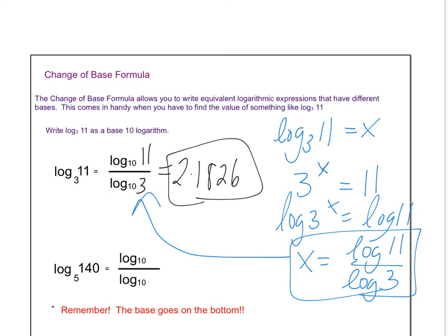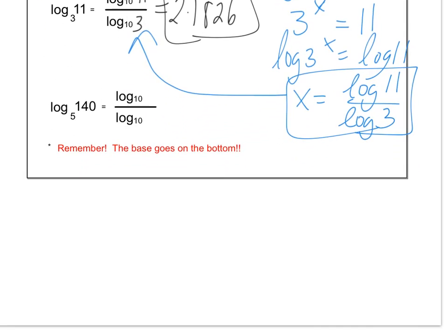So go ahead and try the next one, the log base 5 of 140. Okay, we see it should be 140 divided by 5. Now careful, do not take the quotient of 140 over 5 and then take the log base 10 of that. If you were to do something like that, you would be using the quotient rule, which we're not really interested in at this moment.